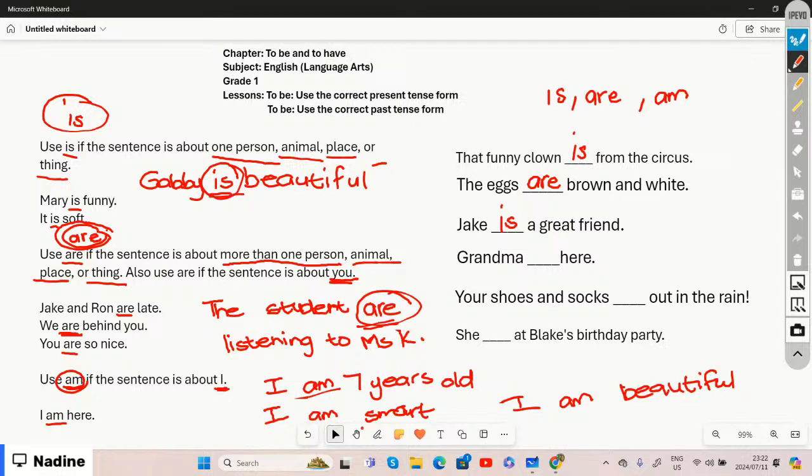So grandma, referring to one person. And if we were to choose the correct one, we would say grandma is here because we're referring to one person.